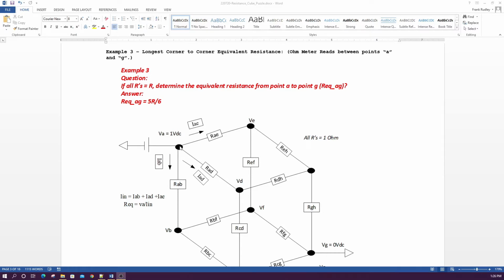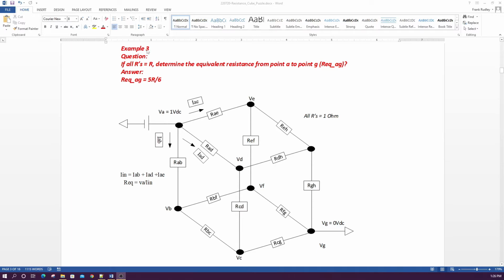So we're going from node A to node G. So we move the ground to node G. Likewise, the question is, for example 3, if all resistors equal R, determine the equivalent resistance from point A to point G. That's the equivalent resistance from A to G. I went through the analysis that we're going to go through shortly, and I found that it was 5/6 R. So if you measure from this corner to this corner, it's going to be 5/6 R. And you could also do it from this corner to that corner, say node F to D, and you're going to get the same answer because of the symmetry of this object.